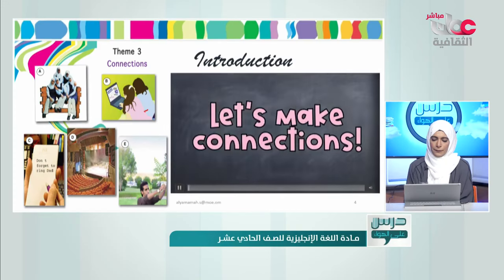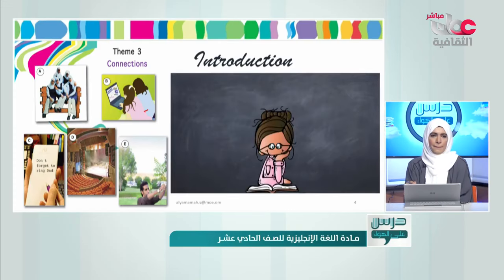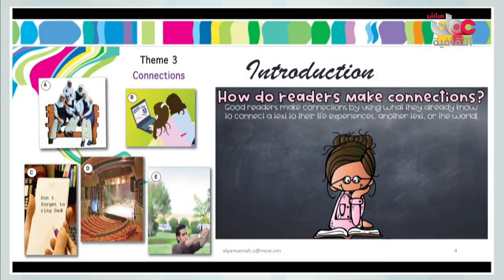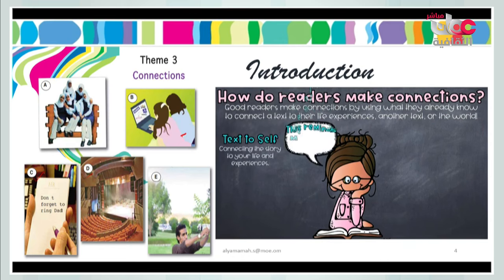Let's make connections. How do readers make connections? Good readers make connections by using what they already know to connect a text to their life experiences, another text, or the world. Text to self means connecting the story to your life and experiences. This reminds me of that one day. Text to text means connecting the story to another book.